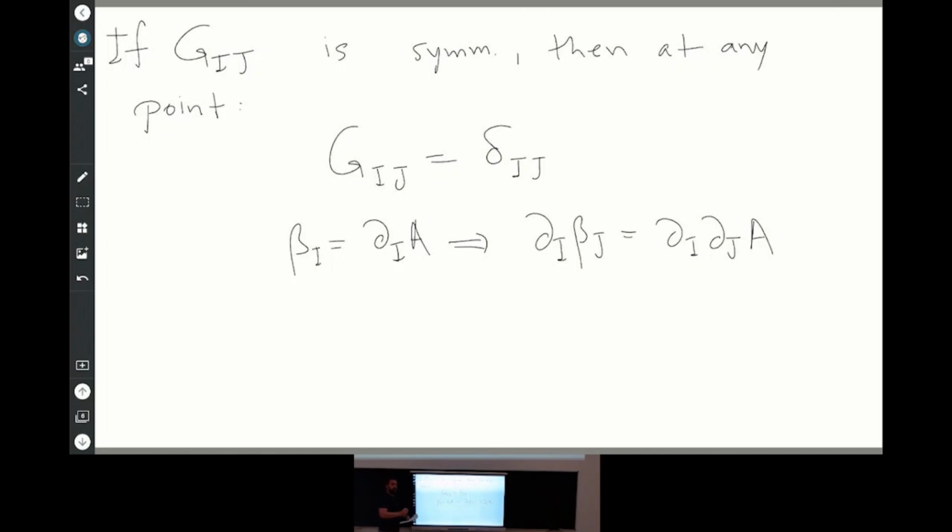Otherwise, you don't get a symmetric matrix here. This isn't necessarily symmetric, so you have no argument for preserving unitarity at a real fixed point. So this was one motivation. I don't consider it a very strong motivation, but it's one motivation to focus on a metric that is symmetric and positive definite.